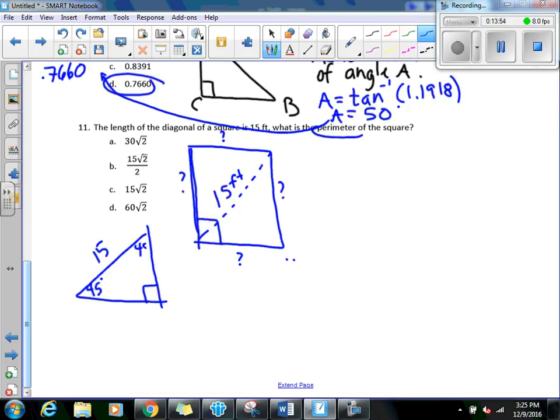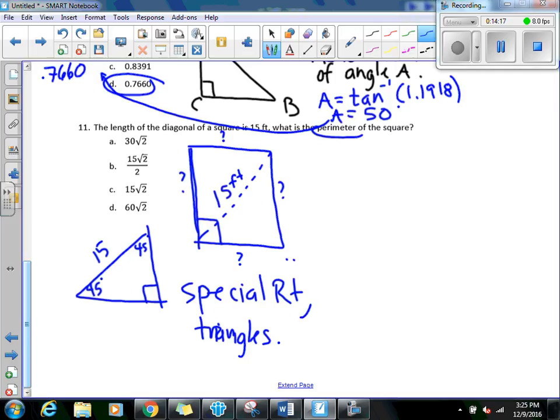That means this one here is 45. Now take a look here. You see these radicals in the answers? So you see these 45-degree angles here? We're going to have to use what we know about special right triangles. Your favorite thing to do, isn't it? I can hear you moaning right now.